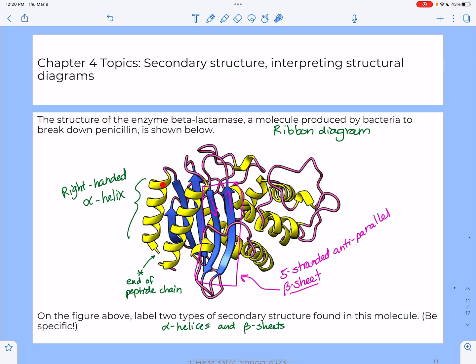So you'll notice that this helix is attached to a beta strand, and the beta strand has the arrow pointing this way, because you see the flat end there. So the arrow is pointing towards the C end, so the flat end is at the N terminus. Okay, so this must be the N terminus of the molecule. So this is the amino terminus, also known as the N terminus.